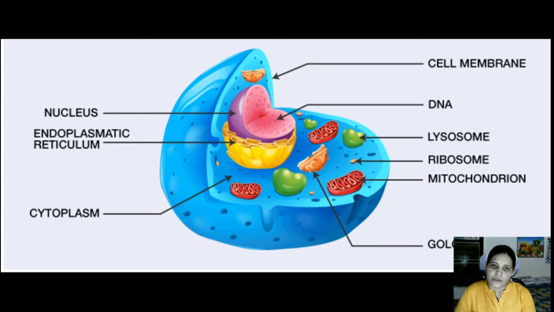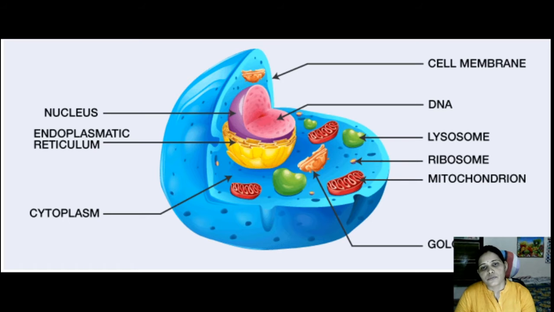Mitochondrion is a very important part of a cell because it takes part in aerobic respiration and produces ATP. Because mitochondria are responsible for ATP production, they are also called the powerhouse of a cell.